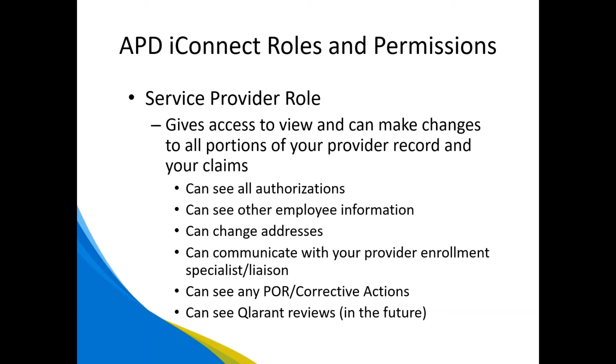This is a role that will also be able to see and submit claims for your agency, and see your authorizations. So again, you want to think about, who do I already give that level of access to? Some large agencies who operate in multiple locations may want to designate a representative from each region to have that role. Ultimately, as an agency owner, though, it is your decision to decide who should have this role.